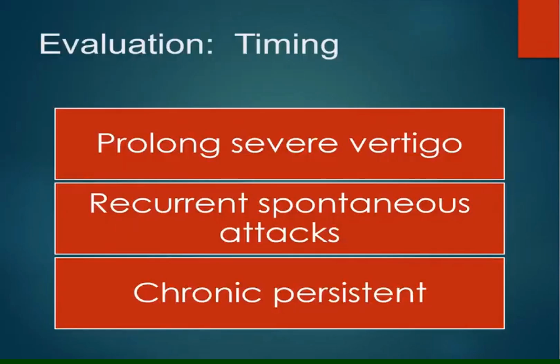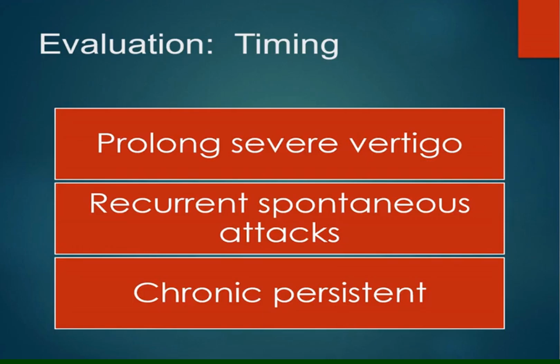So in terms of timing, looking at the history, you want to find out whether it's prolonged severe vertigo versus recurrent spontaneous attacks or chronic persistent. So if you can get a sense of the timing between these three possibilities, the prolonged severe vertigo would be more suggestive of vestibular neuritis or stroke, things such as migraine headaches that are associated with vertigo or present solely as vertigo as opposed to head pain.